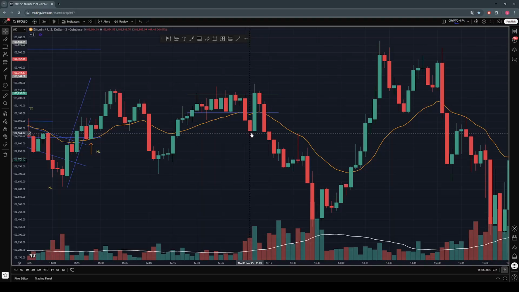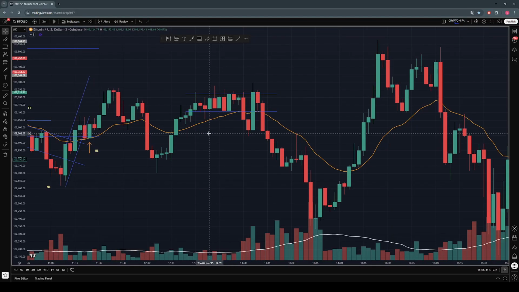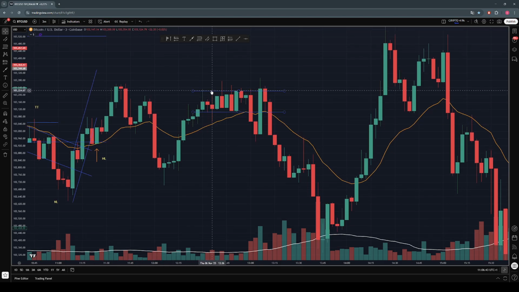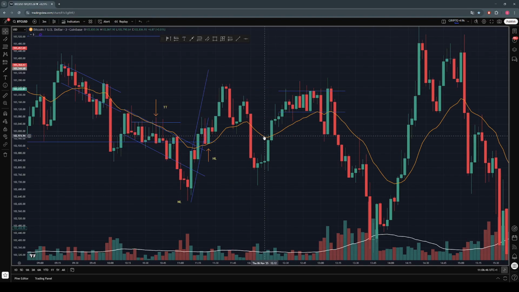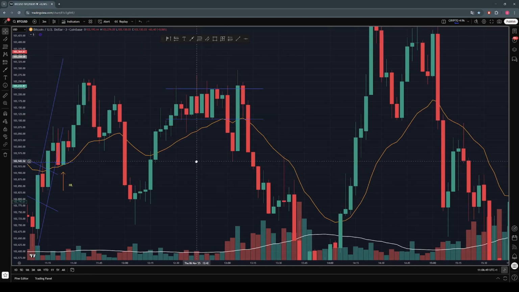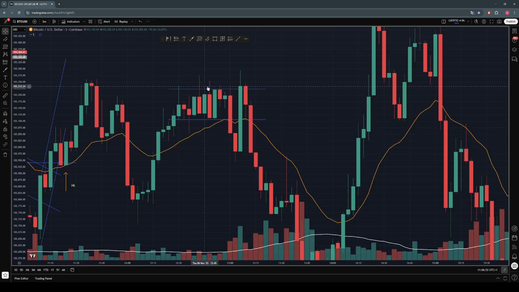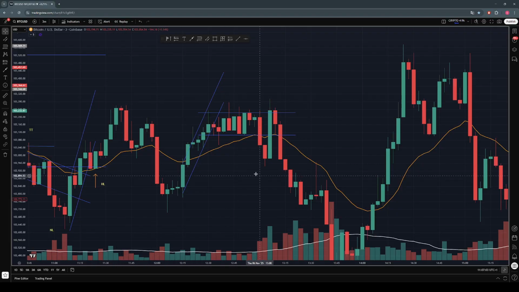So Bitcoin seems to respect these triple tests and key levels, more horizontal key congestion levels, more. So what you could say then, I mean, in a live trade I would draw trends everywhere, but here I probably wouldn't.